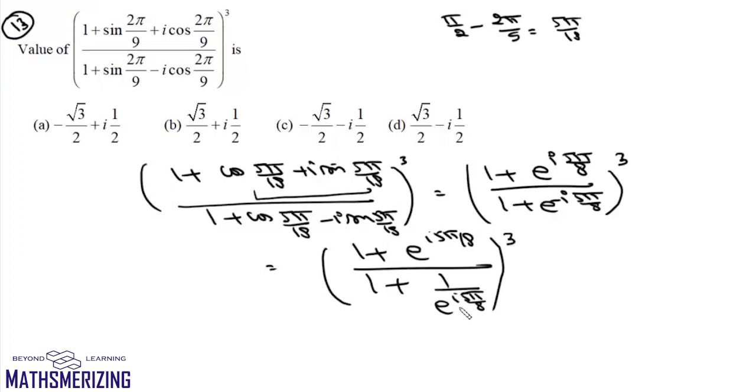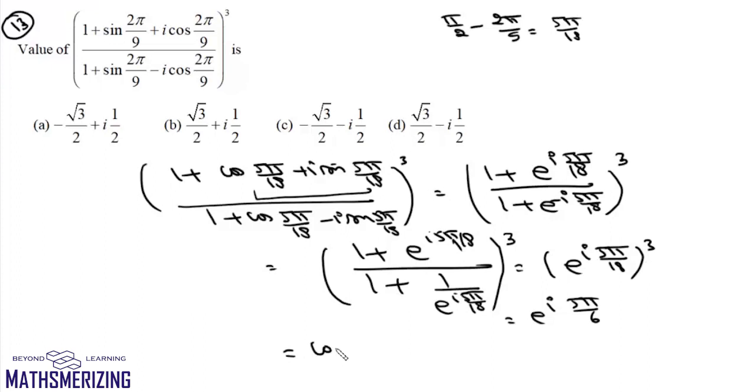Now 1 plus e to the power iota 5 pi by 18 will cancel. So we'll get simply e to the power iota 5 pi by 18 whole cube, so we'll get e to the power iota 5 pi by 6.